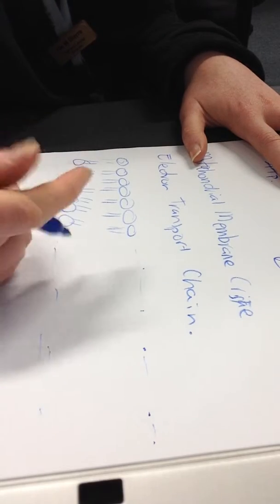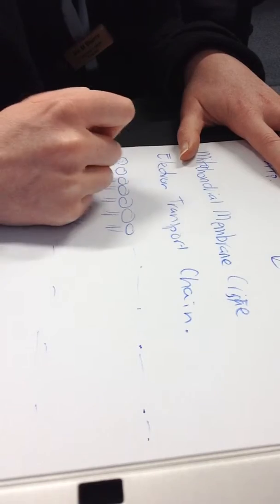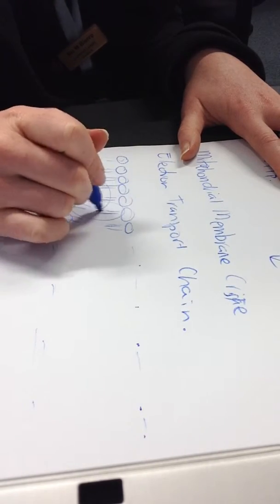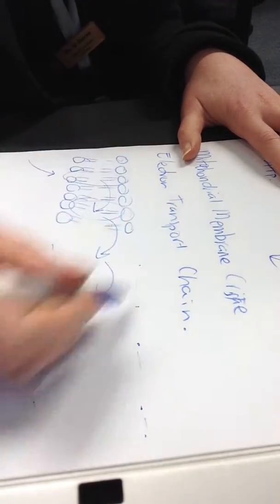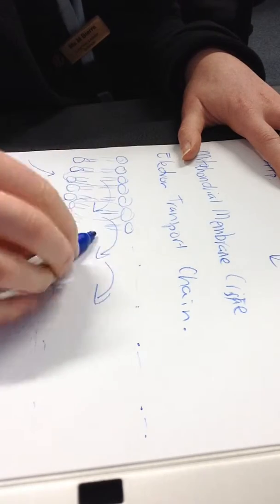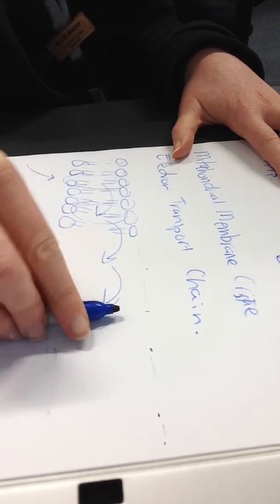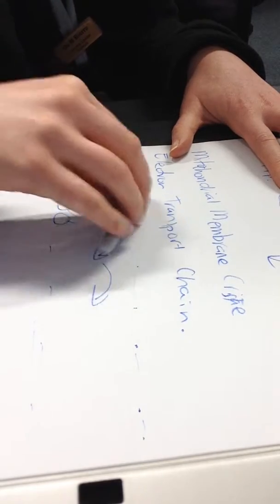But basically what happens is the electrons are fed into these different complexes, and they hop along the membrane through these proteins. In the process of doing that, they're transferring the energy across the membrane, and what is also happening is creating an electronegative gradient.